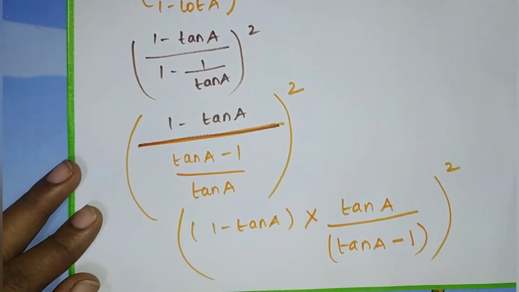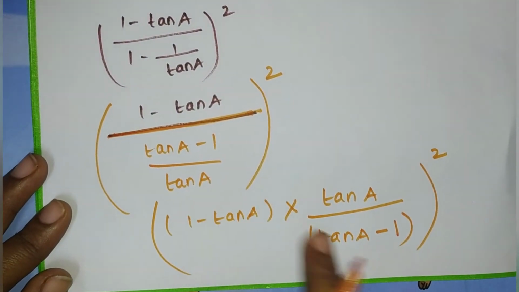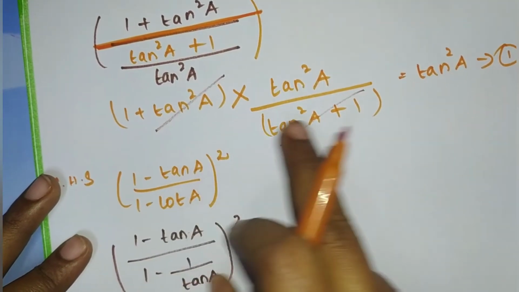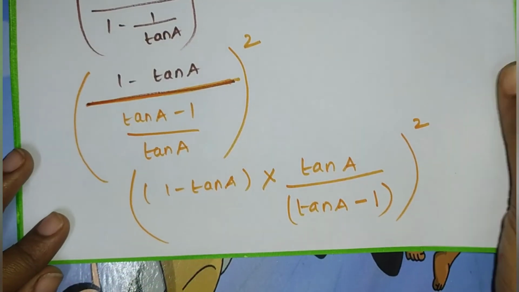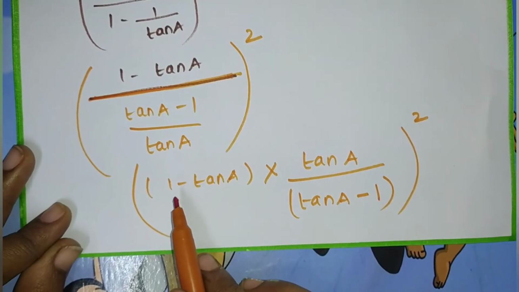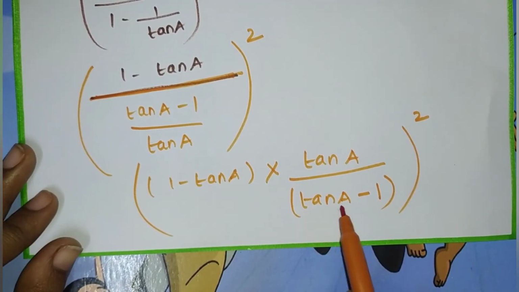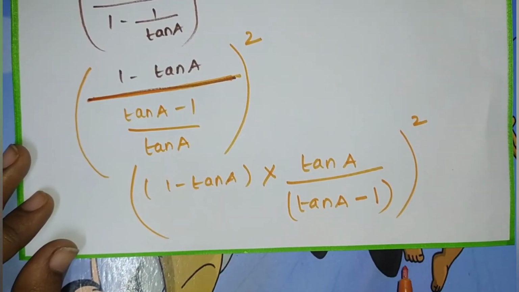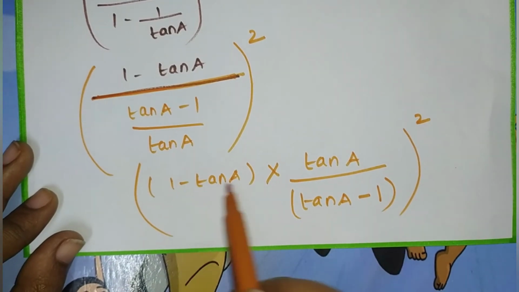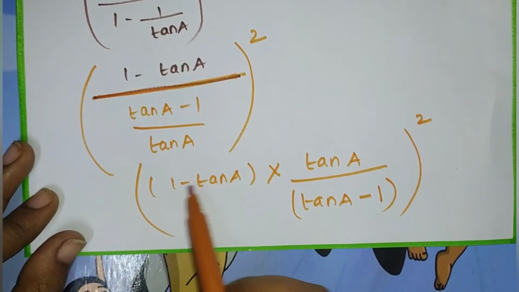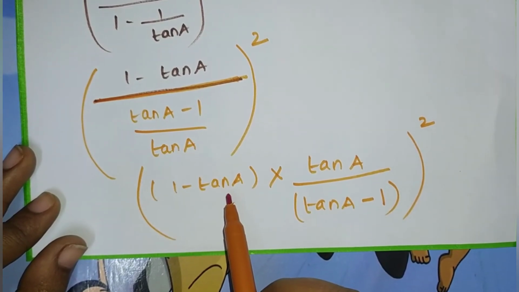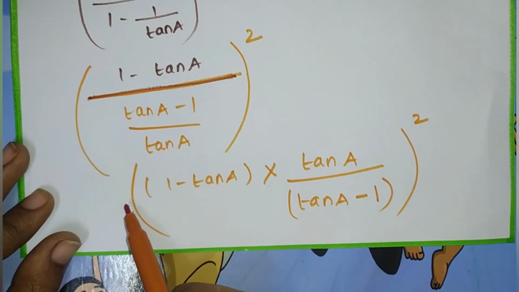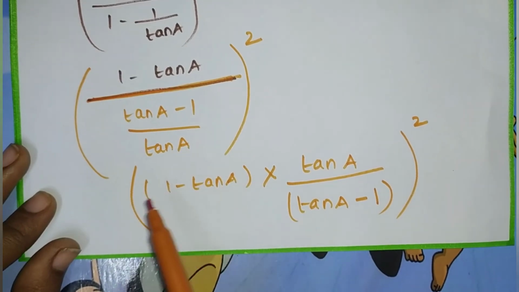See here, you can cancel this too. Here we have 1 plus tan square A and tan square A plus 1, so we can cancel this one because both are positive. But here 1 minus tan A and tan A minus 1, both are different, no? So first you have to change into tan A minus 1. How can we change the negative values? If we take the negative outside, then it will automatically change.